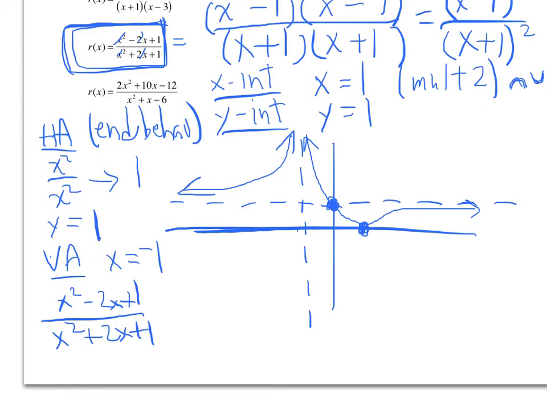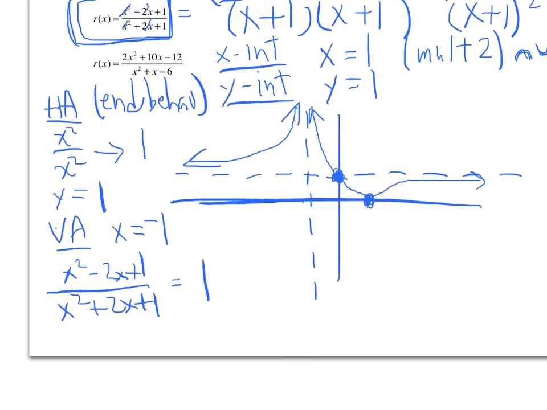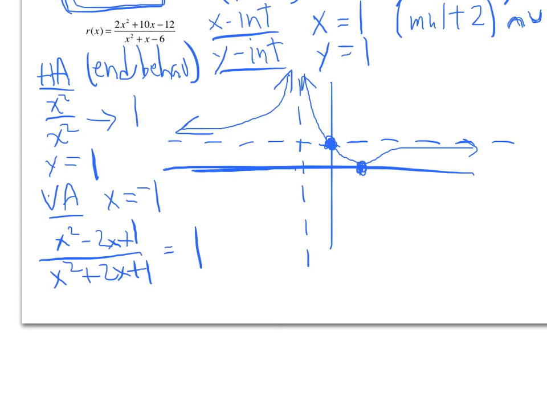If you're going to cross the horizontal asymptote, that means that the y value has to equal the y value of the horizontal asymptote, which is 1. So if we simplify this equation, we can solve it by seeing that x squared minus 2x plus 1 has to equal x squared plus 2x plus 1. And now the x squareds cancel out.